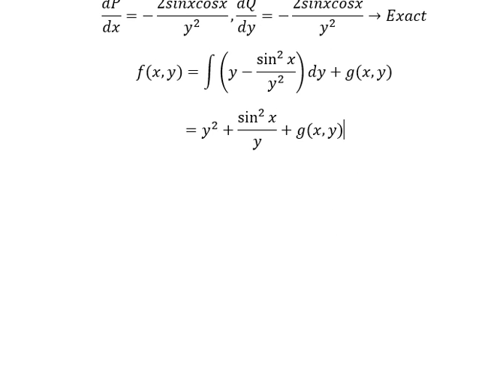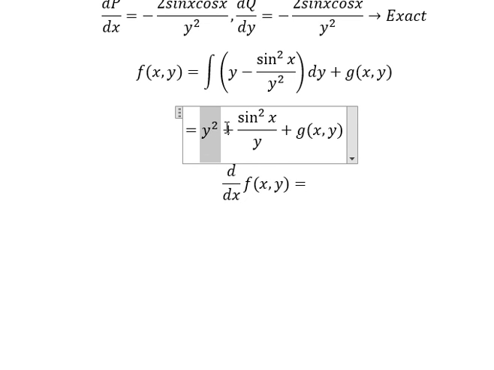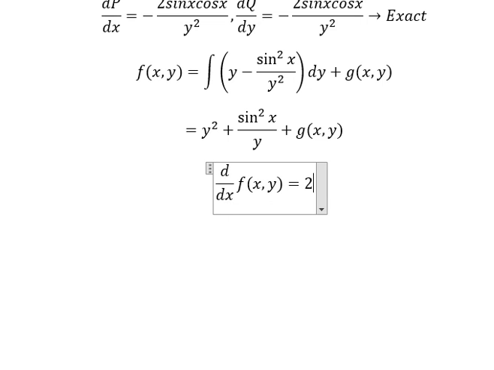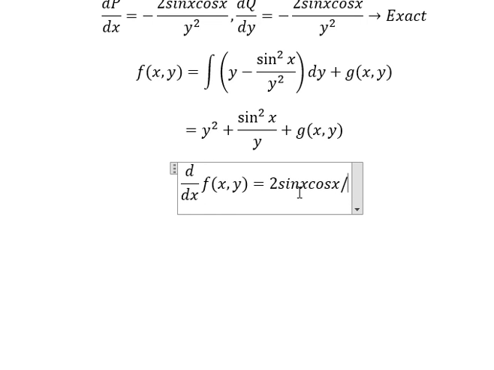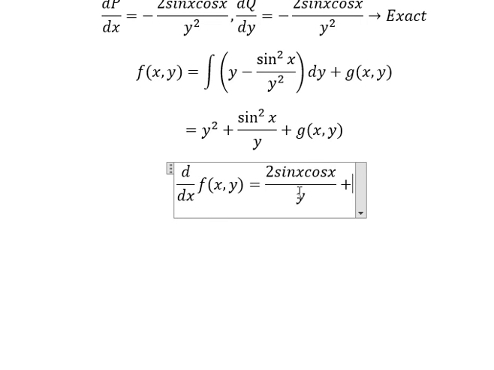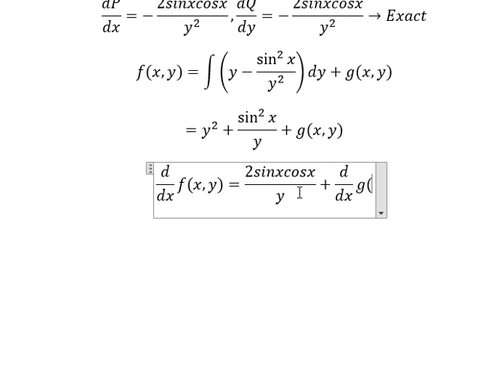Next, we need to do first the derivative of the function with respect to x. So this one we don't have x, so you got 0. This one we have 2 sine x cosine x over y plus d over dx of 3xy.